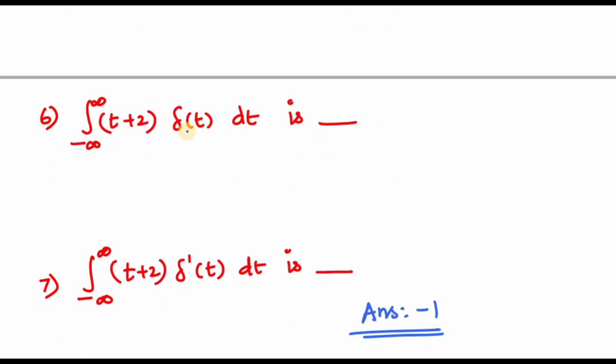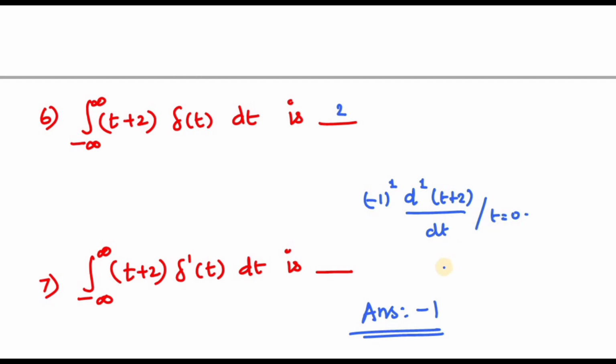So here in order to make the delta t value is equal to 0, okay, if I substitute t is equal to 0, I will get answer as 2 here. So here it is nothing but minus 1 power n, n value is 1 here, then d1 of x of t, that is nothing but t plus 2 divided by dt, where t value is equal to 0, right?